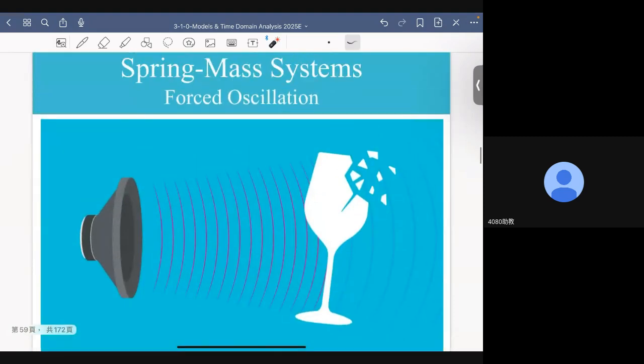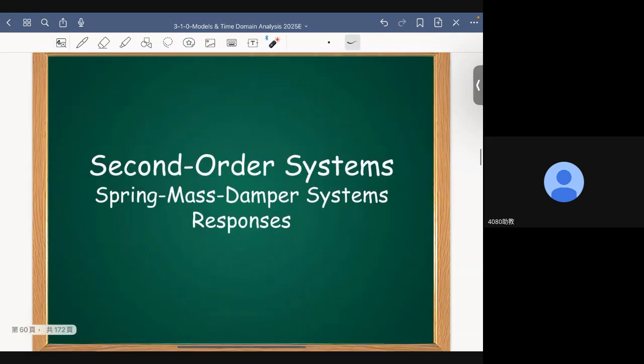You can go to YouTube and find videos where sound generated by a speaker can make a glass break immediately due to the phenomenon of resonance.